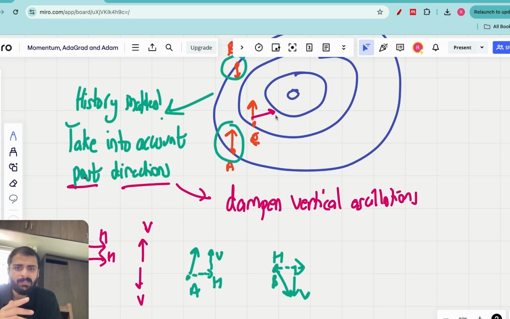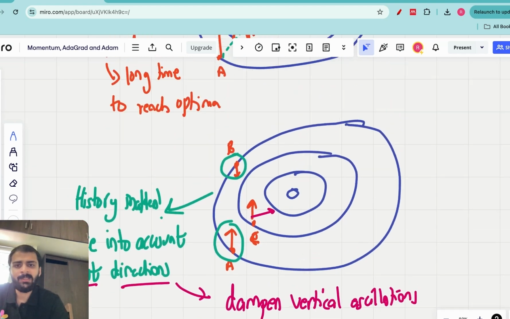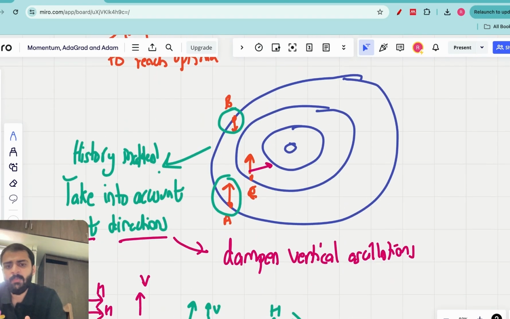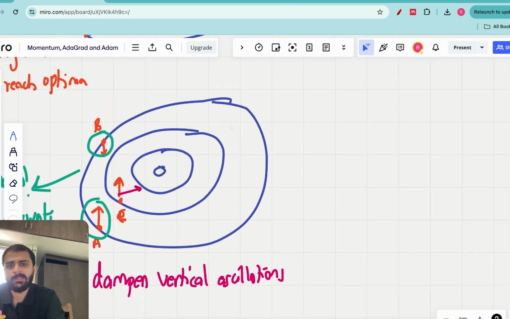So we might move in this direction rather than in the orange direction. That is the main idea here. The main idea of momentum is history matters. We need to take into account the past directions as well, so that in this particular case the vertical oscillations cancel out, they dampen out, and then only the horizontal direction survives. So hopefully we will move closer towards the local optimum, and this is exactly what happens.